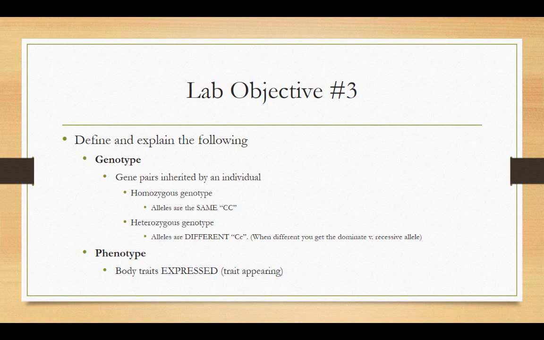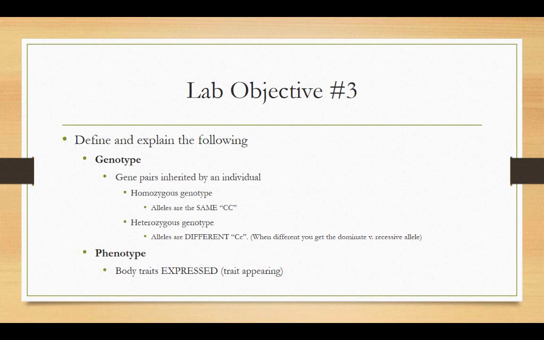Whereas if you have two alleles that are different, like a dominant and a recessive, as you can see here with a capital C and a lowercase c, that is heterozygous genotype. That's the genotype, how the genes are paired and how they're inherited by an individual, whether they're homozygous or heterozygous.